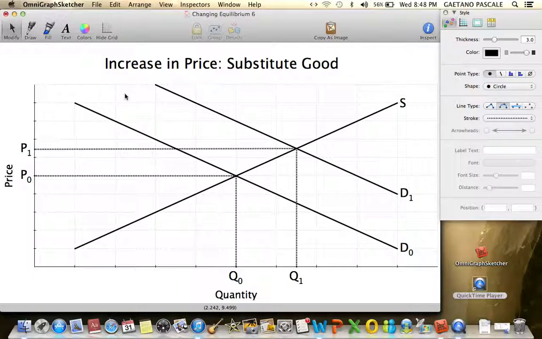So what do we end up seeing? When the price of coffee goes up, the demand for tea increases, and this causes the price of tea to go up, and the equilibrium quantity of tea in the marketplace to also increase. So we see that an increase in the price of a substitute good causes the price to go up and the equilibrium quantity to go up.